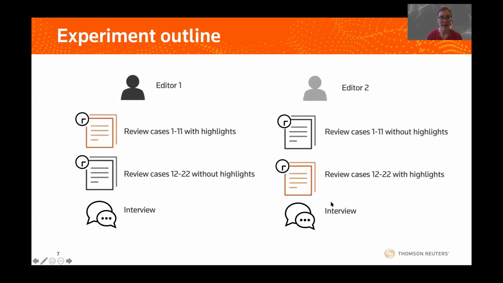For the experiment outline, both editors were timed in the background as they reviewed the summaries. They both were exposed to the highlights and no highlights conditions, which was followed by an interview. And the key thing was that even though they were both exposed to both conditions, they never saw the same case twice, and we always had a control for a highlighted case.